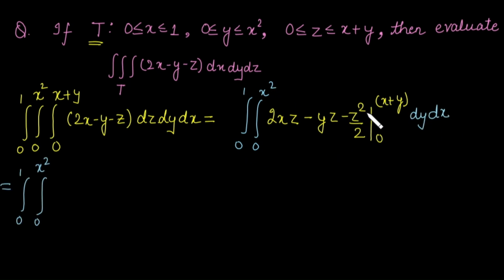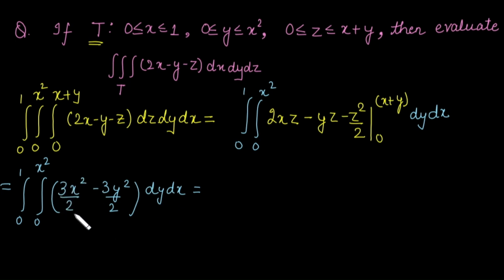Then substitute the value of z equal to x plus y, minus z equal to 0. We have 3x square by 2 minus 3y square by 2, dy dx. Now take integration with respect to y.